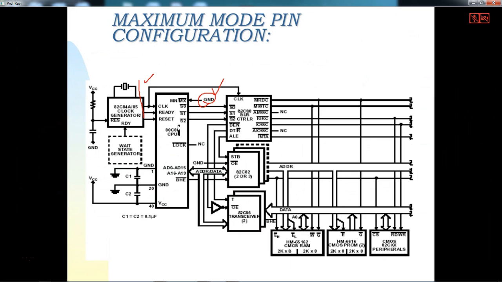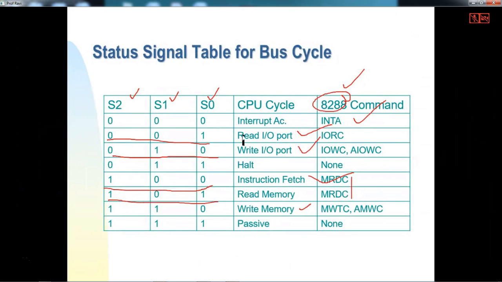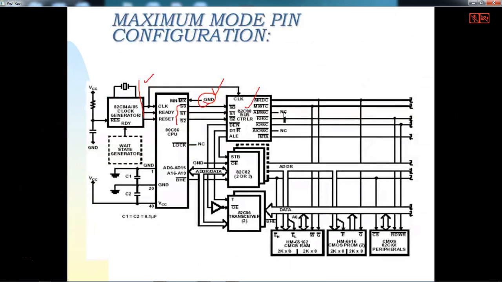And then here you are using S0, S1 and S2. These signals you give to the 8288, which is one more IC, and its output will generate signals in combination, when S0, S1 and S2 are different. So when it is memory read, memory write or IO read operation, these signals are used, and when it is 000, the interrupt acknowledge signal will be generated.